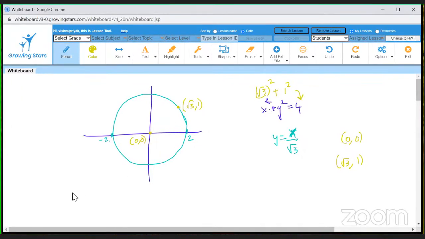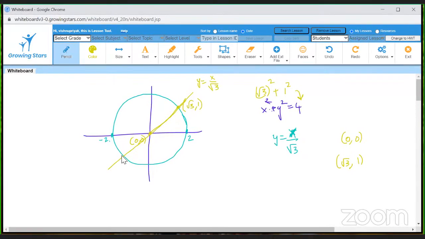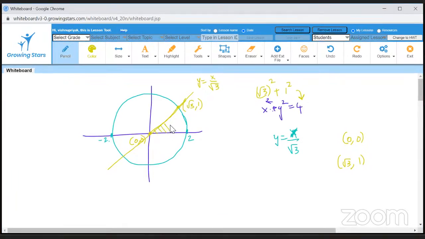So this point will be on the circle. So this is the line, a linear equation, y equal to x by root 3. If you draw the graph, you will get the idea that this is the region you have to find.